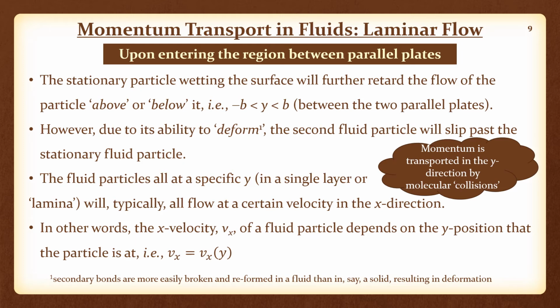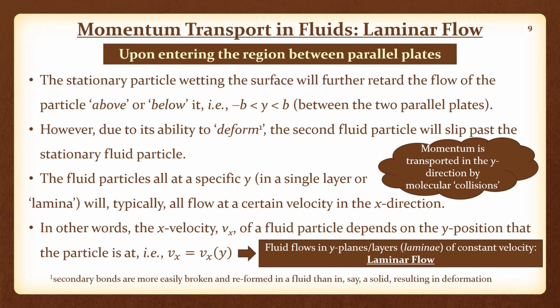Then Vx is maximum. Is it at a fluid layer that is wetting the bottom surface, which is y equal to minus b? Then again the x velocity is 0. So fluid essentially flows in y planes or layers or laminae of constant velocity, hence this term laminar flow.